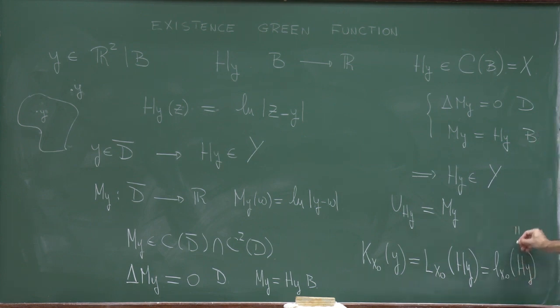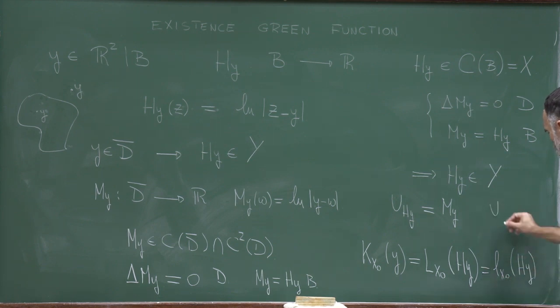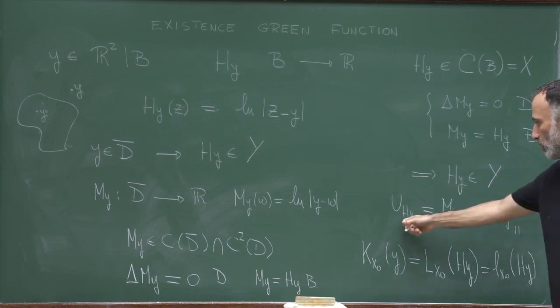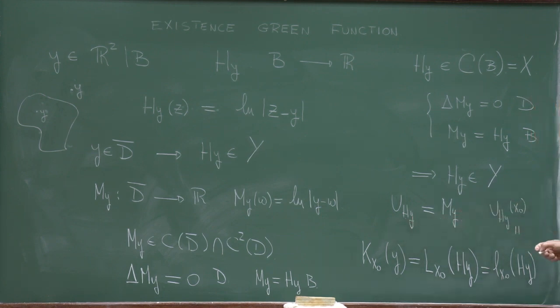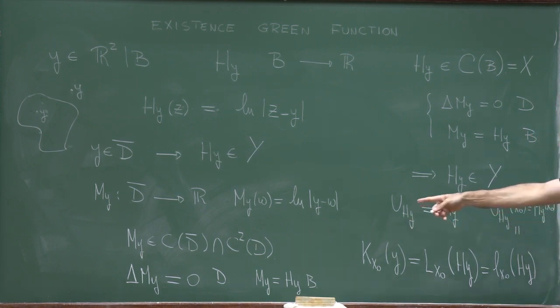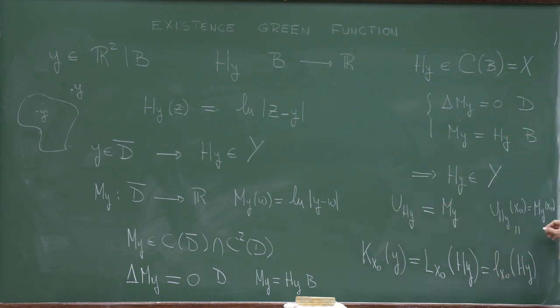Now, by definition of small l at x0, this is u_h_y at x0. But we know that u_h_y is equal to m_y, so this is m_y at x0. And for m_y we have an explicit formula, so actually this is log of |y minus x0|.